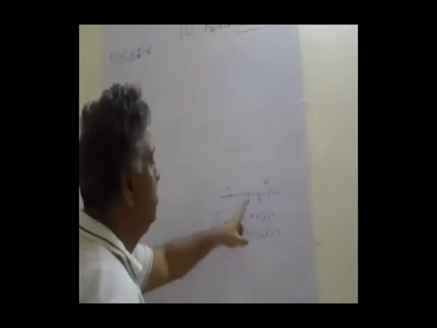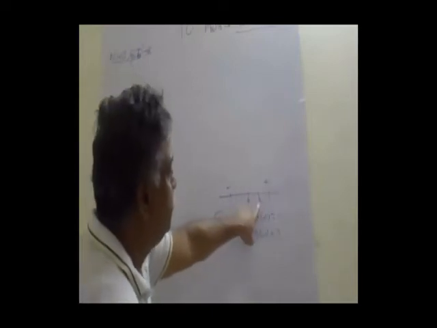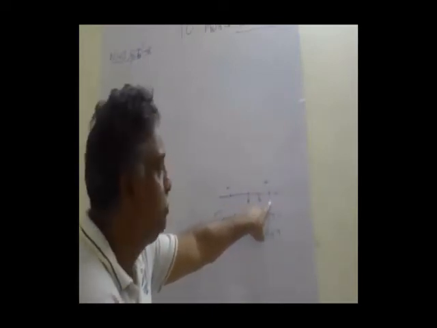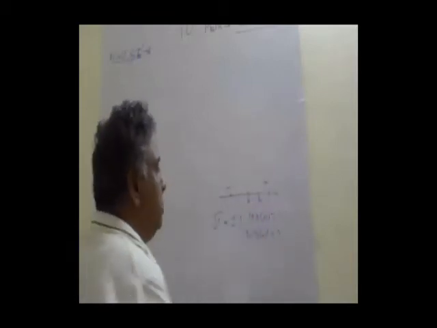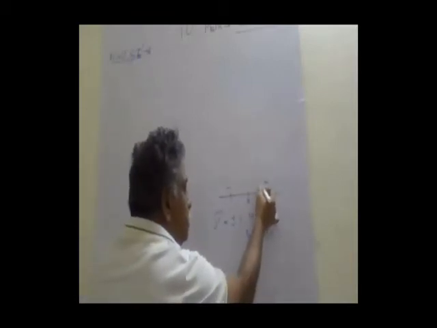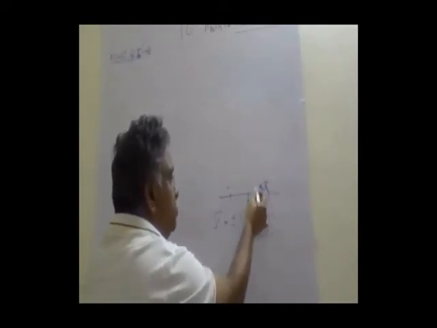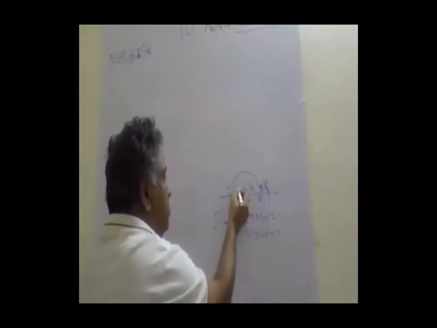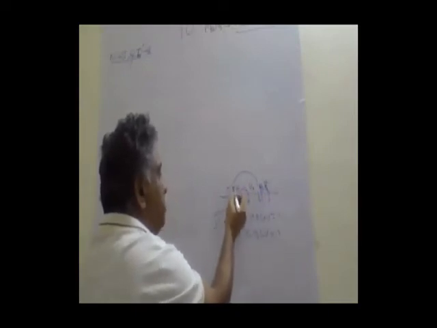So what is it asking? Rational numbers between half and root 1. Root 1 can be this. So I can have here 2 by 3, 3 by 4 between these two. And between these two I can have 1 by 4, minus 1 by 4, minus 1 by 2, minus 3 by 4. All these are.